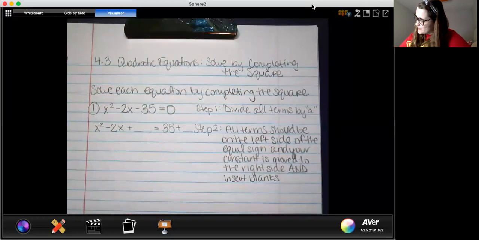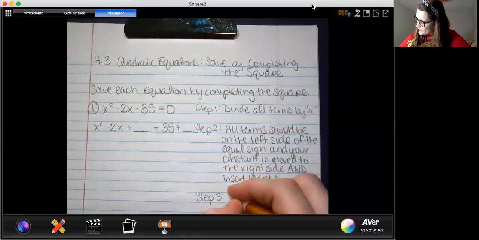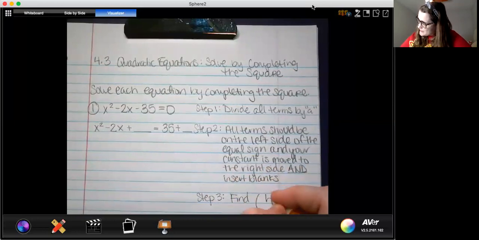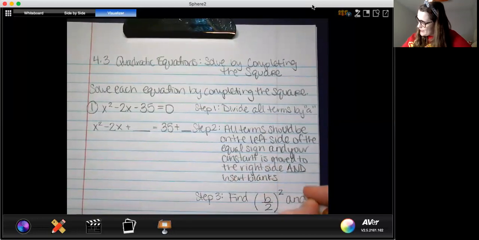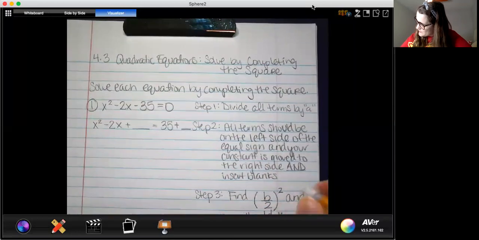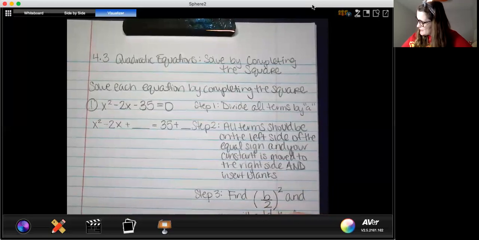Okay, step 3. Find b divided by 2, quantity squared, and you're going to add that value to both sides in the blanks.